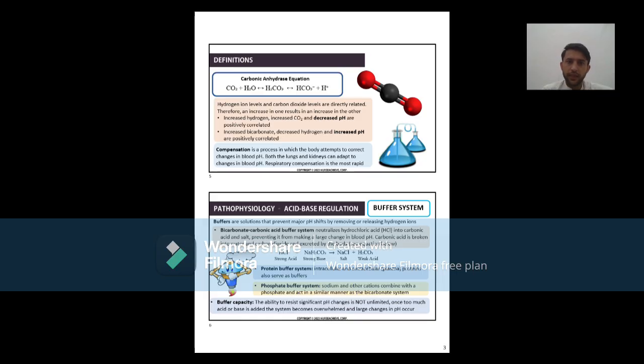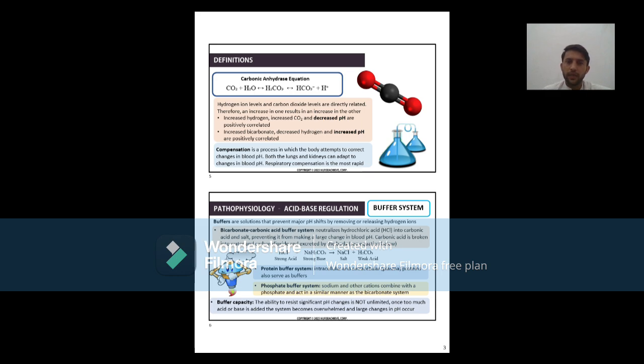Hydrogen ion level and carbon dioxide level are directly related. Therefore, an increase in one results in an increase in the other. Increased hydrogen, increased CO2, and decreased pH are positively correlated.